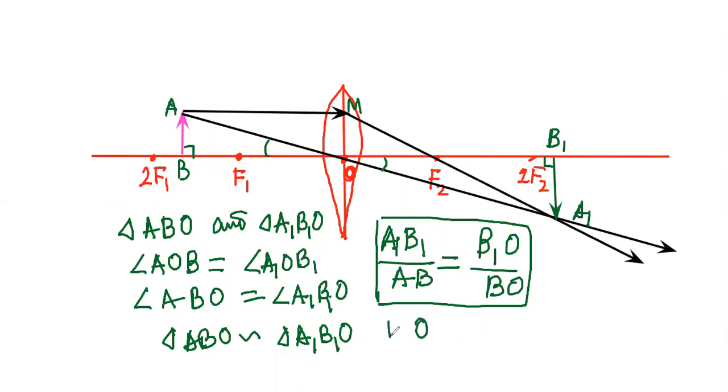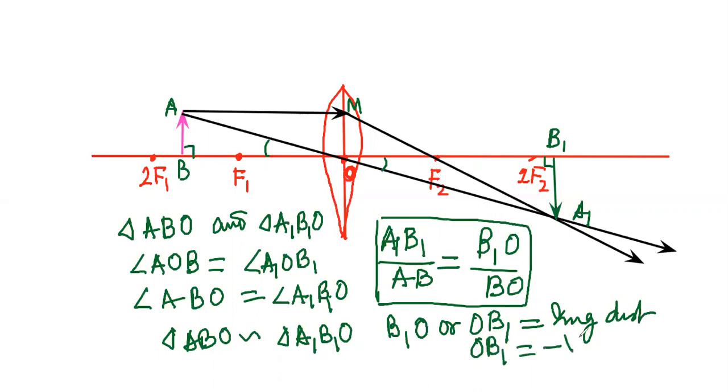OB1 is nothing but the image distance. According to sign convention, OB1 can be taken as plus v. Similarly, OB is the object distance, and this can be taken as minus u.